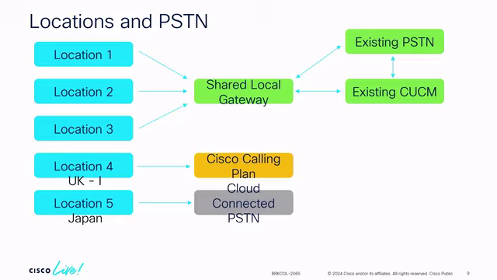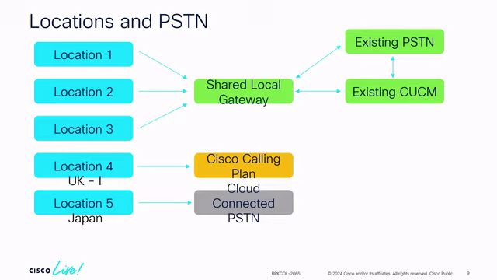So if you look at my locations, I could have maybe 3 locations in, let's say, Germany. Okay? They're going to use my local gateway. Now, they might be different locations, but they can actually use a shared resource. They can use a shared SIP trunk through a gateway if I wanted to, or multiple, if that's the case. And that gets them in. And maybe I have that connected even to my existing CUCM, right, as my transition happens.